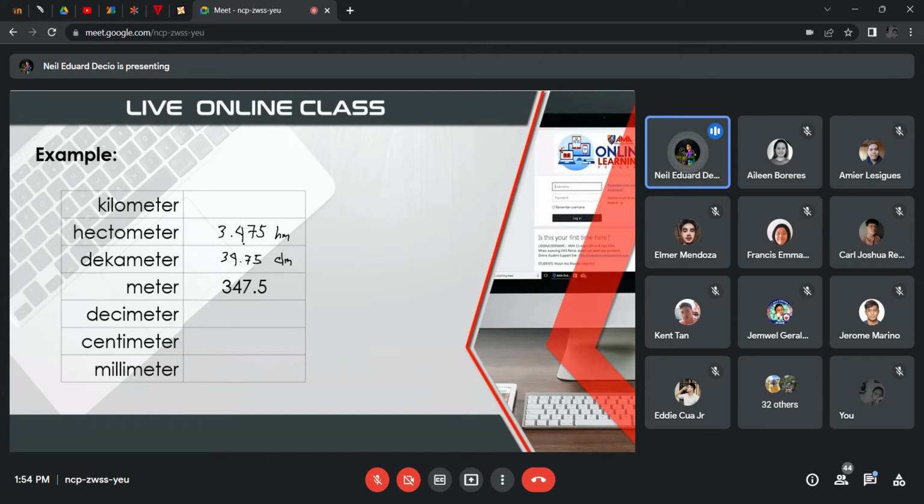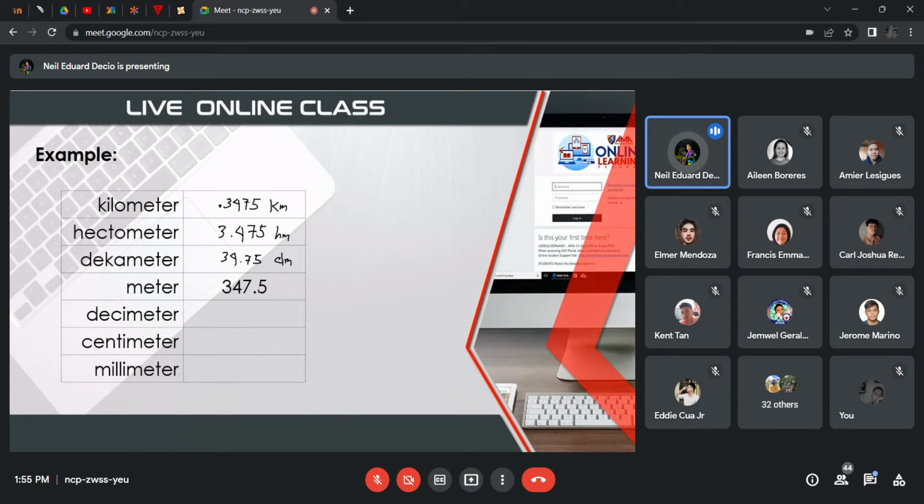Okay? Sa kilometer, ganun din yung mangyayari. We'll just move the decimal point to the left once. So we'll have 0.3475 kilometer.